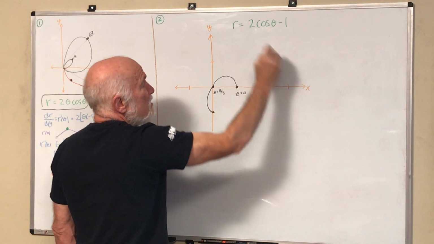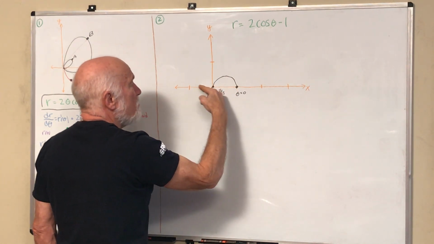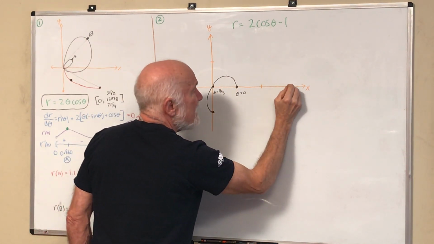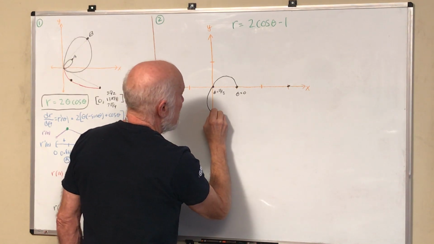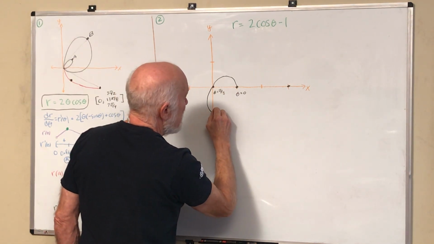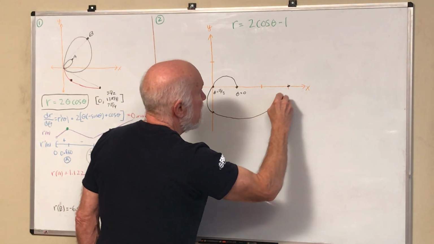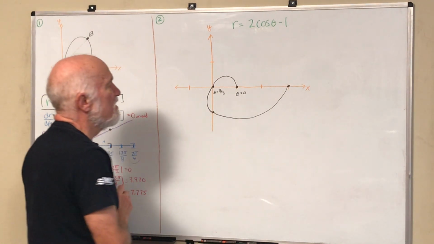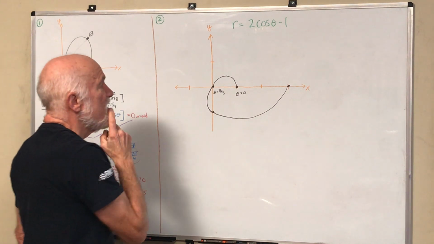So you get negative 3 at pi. So pi is this direction, negative 3 takes you here. So these r values keep getting bigger and bigger until you get to 3. So that's the first half of it.